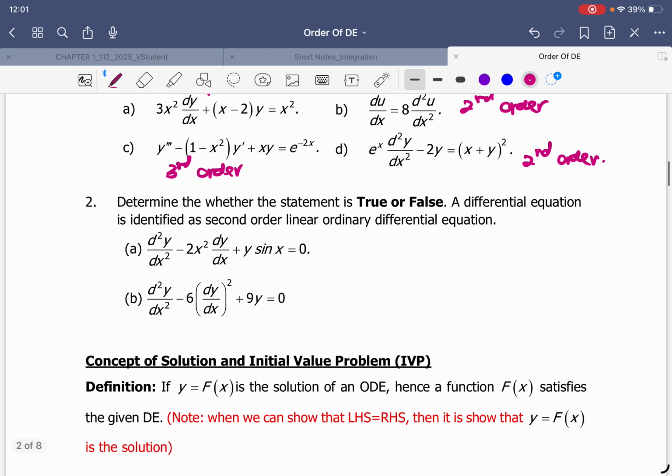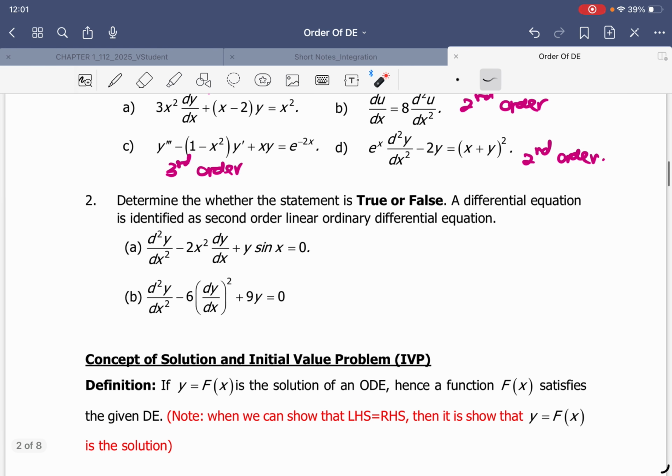For the next exercise, determine whether the following statement is true or false. A differential equation is identified as a second order linear differential equation. It is mentioned here that this is second order and it is linear. For A, we have the highest derivative with the power of 2.